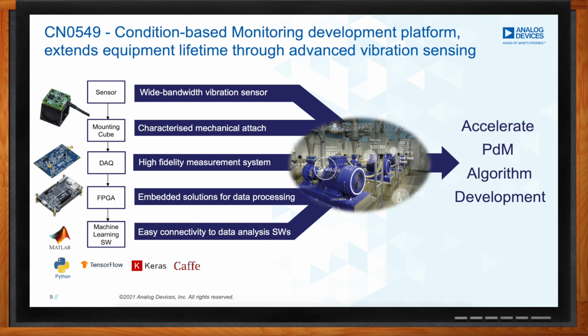And then the final step is to bring this high quality vibration data into the data analysis tools with a view to being able to create algorithms with that data. So this platform also supports software bindings to bring the vibration data into MATLAB, Python, and TensorFlow as examples of the data analysis tools.